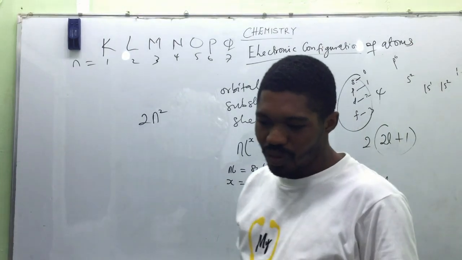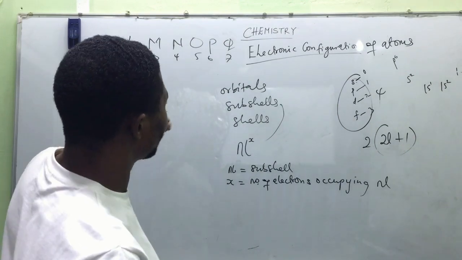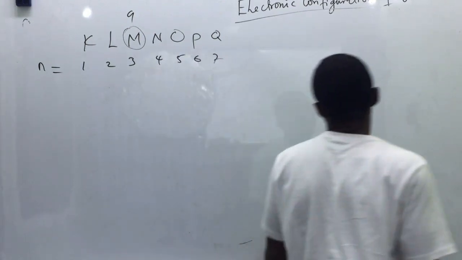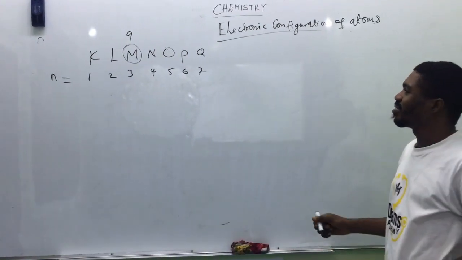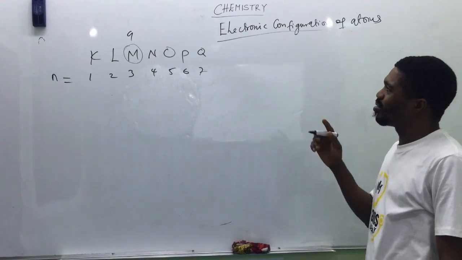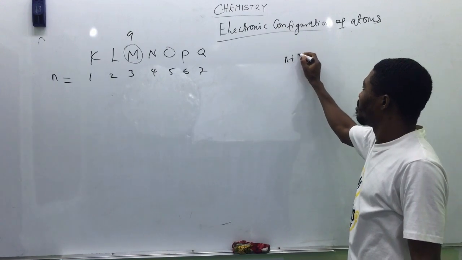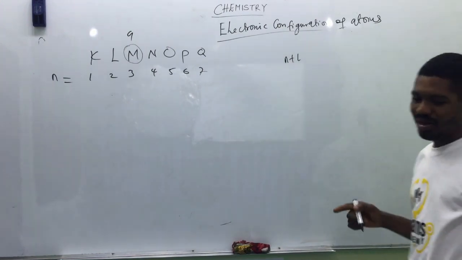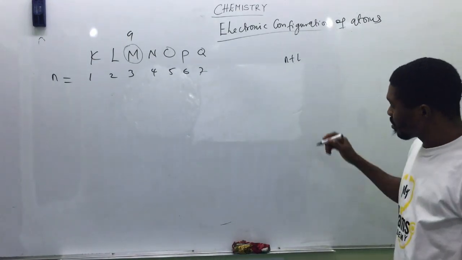Now, another important rule guiding electronic configuration, like I've told you, is the same general one. Alright, let's now go into practice of writing electronic configuration. Remember, the basic rule you use here in the arrangement is the n plus L rule, which gave rise to the Aufbau principle, the construction principle.